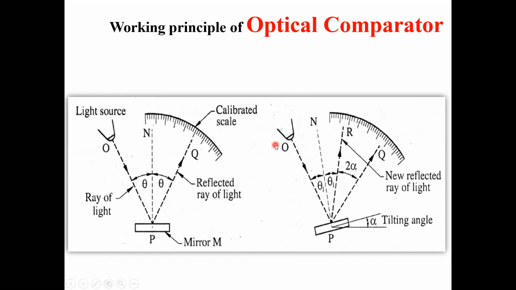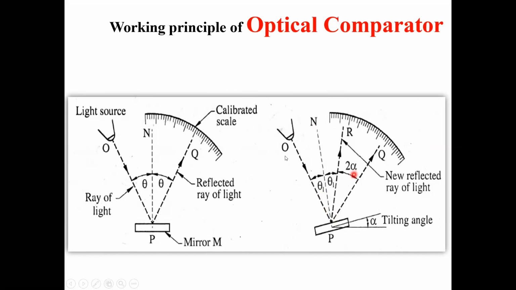Next, observe here, when the beam of light strikes a mirror which is tilted, that means the workpiece which has variation in its surface, then if the ray is incident at an angle theta 1, it reflects at an angle of 2 alpha.